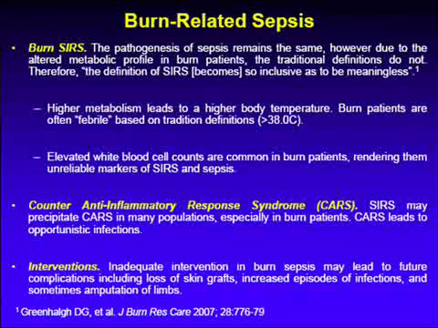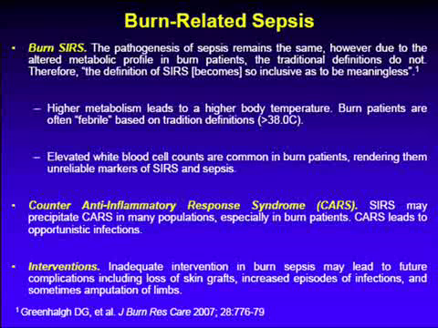We also have to think about the compensatory anti-inflammatory response syndrome, which occurs relatively frequently in these patients. It is essentially the opposite of SIRS, where the patient's immune system is depressed due to an upregulation of anti-inflammatory cytokines and chemokines.